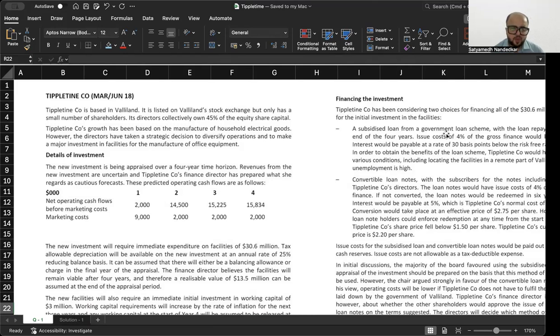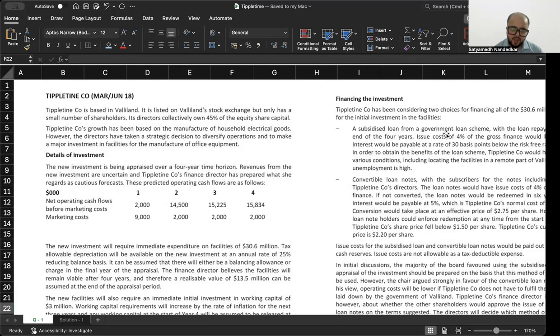Revenues from the new investment are uncertain, and Tippletine Company's finance director has prepared what she regards as cautious forecast. These predicted operating cash flows are as follows. Net operating cash flows before marketing cost, then the marketing cost. The new investment will require an immediate expenditure on facilities of 30.6 million.